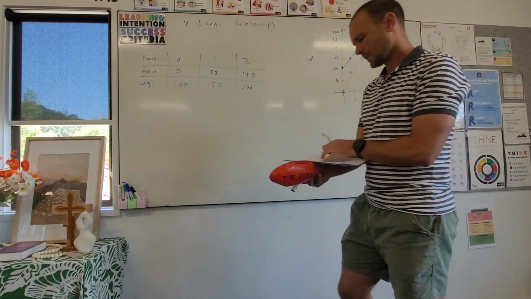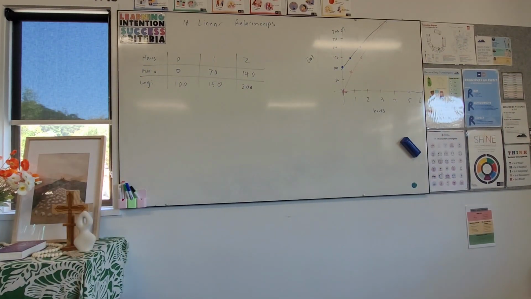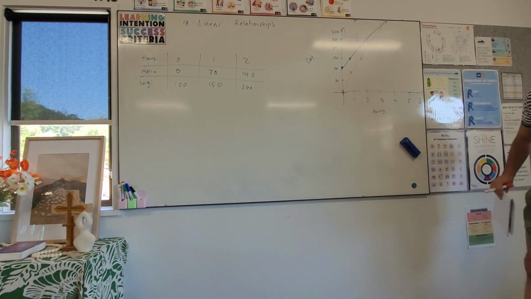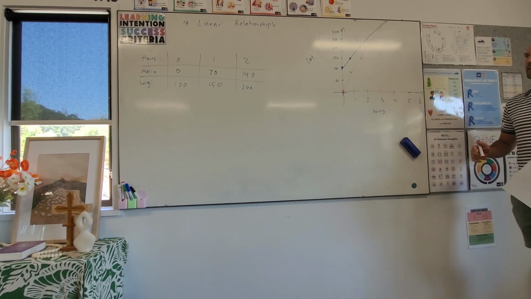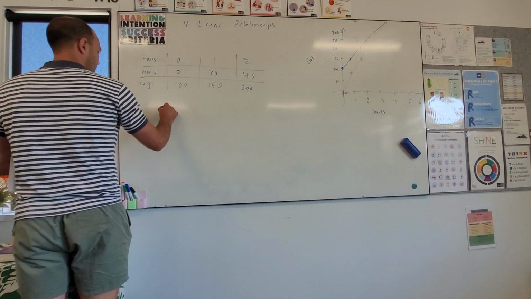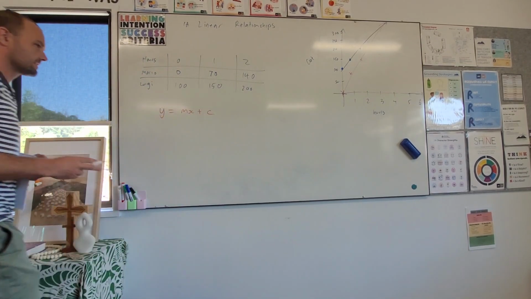All right. Part B, state the equation of the cost of each plumber. So the best way to think about this, there's a number of ways we can find the equation. But I think the best way to think about it is the equation of a line is y equals mx plus c, isn't it?